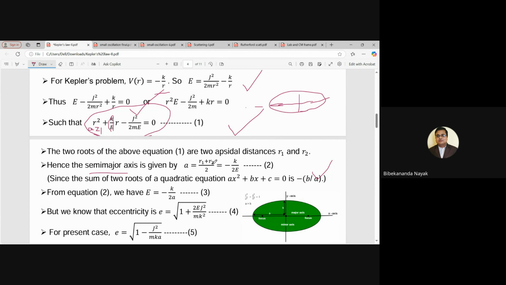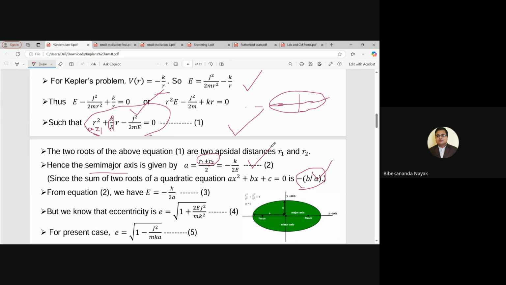But r1 plus r2 is nothing but the sum of two roots, minus b by a. b is equal to k by E. a is equal to 1. So minus b by a is equal to minus k by E. So here r1 plus r2 by 2 is minus k by E by 2, which is minus k by 2E.